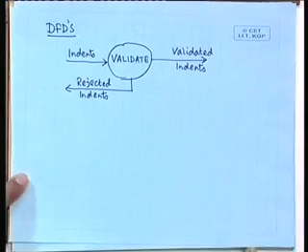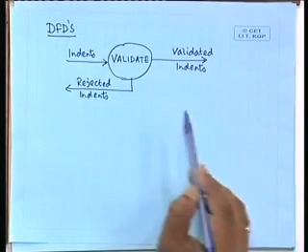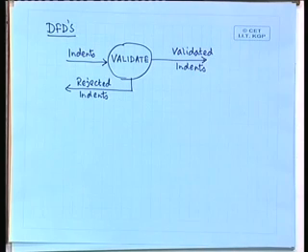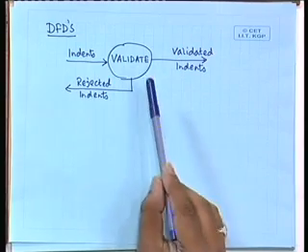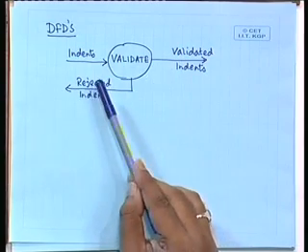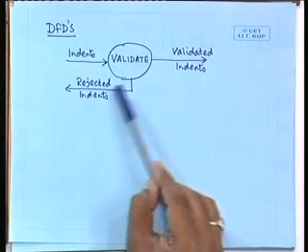See, this is a valid data flow diagram. We have the indents, we have the validate process, we have the validated indents, and we have the rejected indents. Actually, the difference here is that the decision process is encircled or embedded, alright, into the process symbol. So, that is the idea.